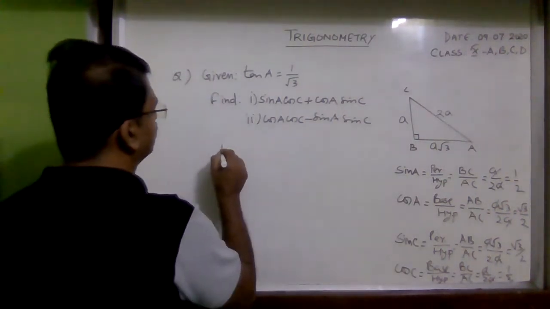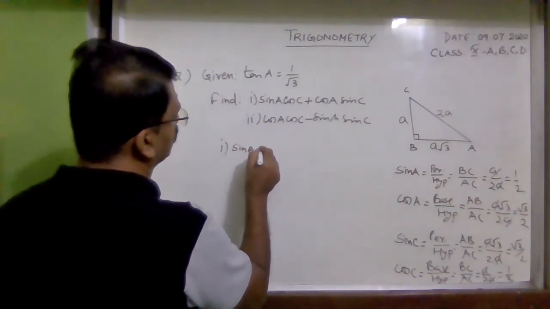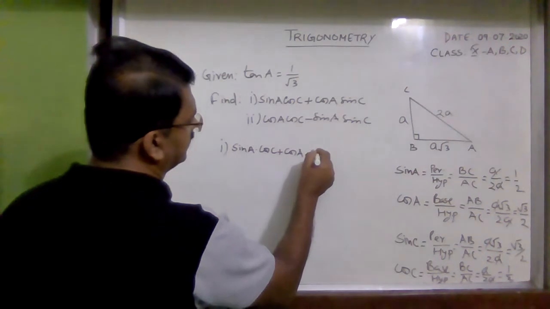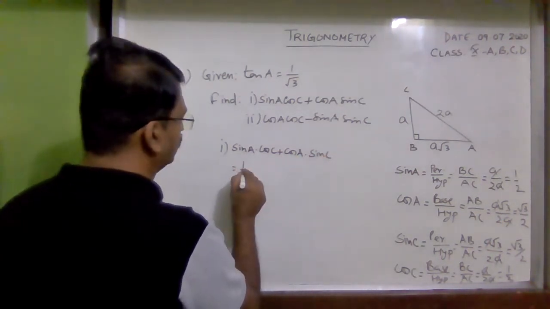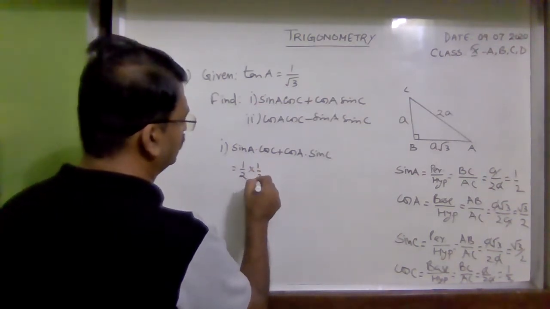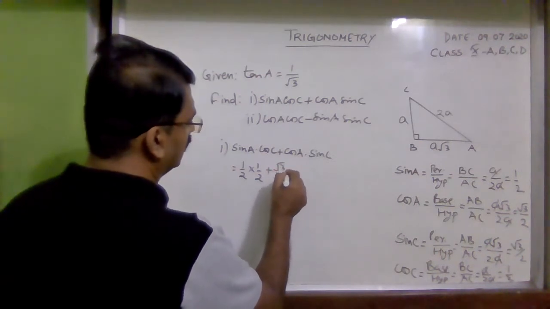The first part, sin A into cos C plus cos A into sin C. So sin A is 1 upon 2. Cos C is again 1 upon 2. Cos A is root 3 by 2.